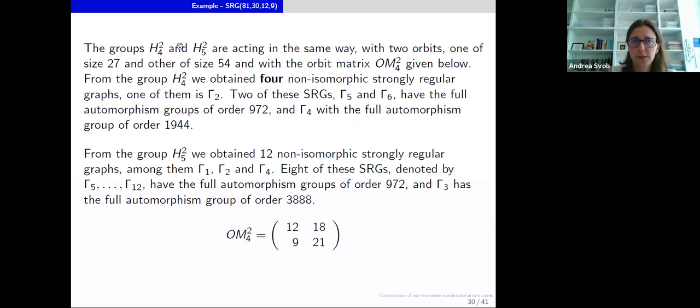Two subgroups, H4 and H5, of size 972, produced the same orbit matrix.